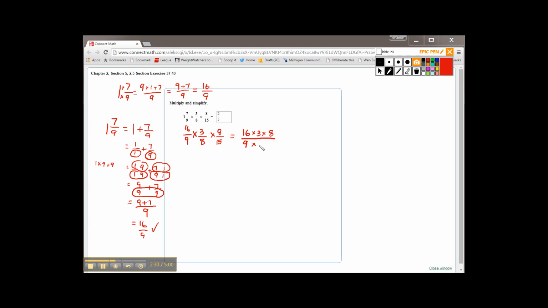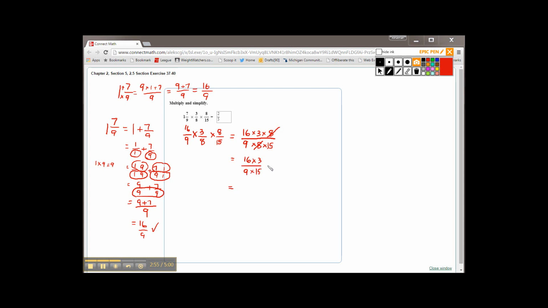Remember, this is only because we're multiplying. When we add, we cannot add the denominators together, but we can multiply the denominators together when we're multiplying. Now, I'm going to cancel these 8's because they're the same. So now I just have 16 times 3 over 9 times 15.